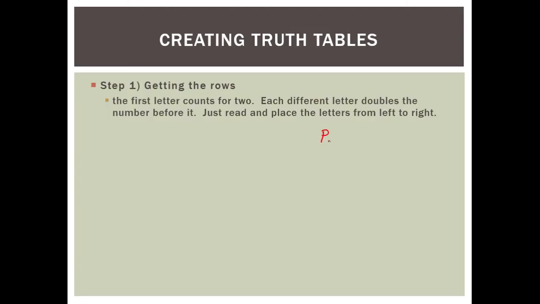So for instance, if you saw a statement that went P horseshoe Q triple bar R, you're going to read the letters from left to right. So we have a P, a Q, and an R. The first letter counts for 2, so we're going to have 2 rows here. Here's our first row, here's our second row.